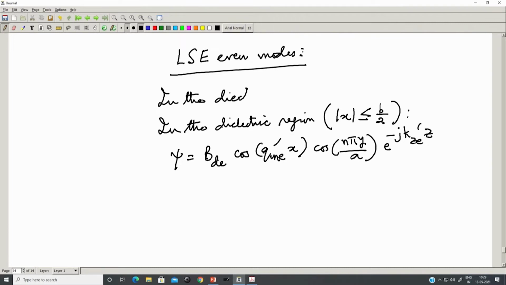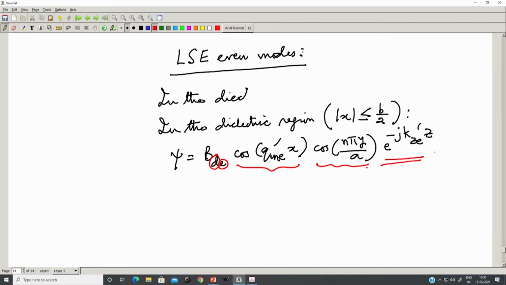Again, this stands for the dielectric, this stands for the even mode, this is the even variation of the LSE for the LSE even mode. This again refers to the condition that the tangential electric field has to vanish on the metal plates, that is how this condition is chosen.